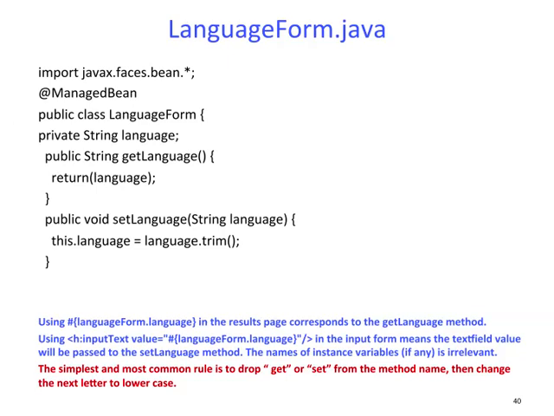The setLanguage method again gives the value, whatever has been entered, to the language. So the resulting page will depend on the value of the language that has been entered.